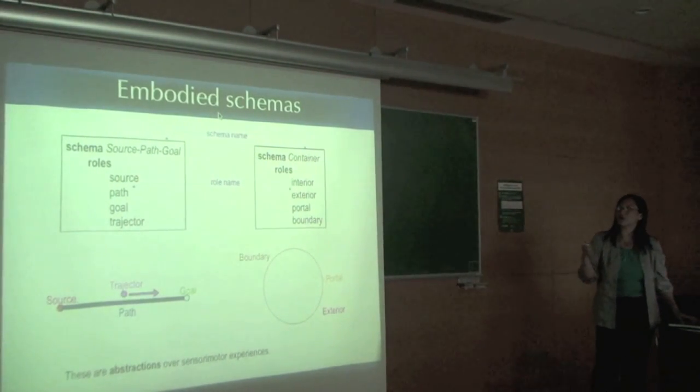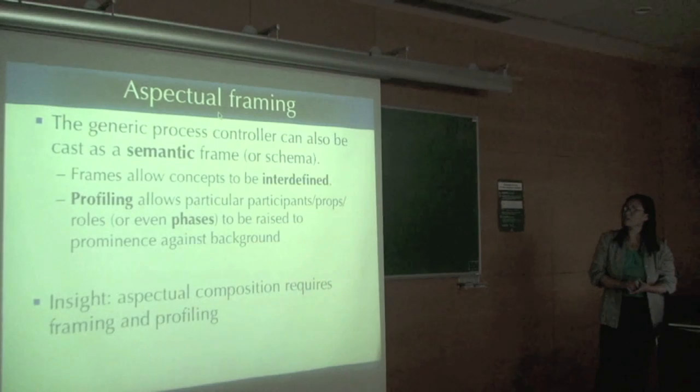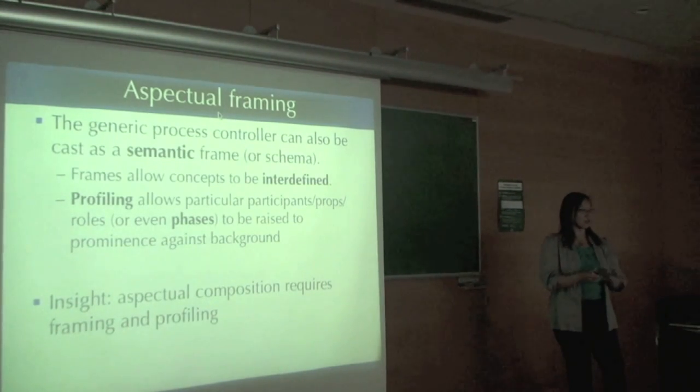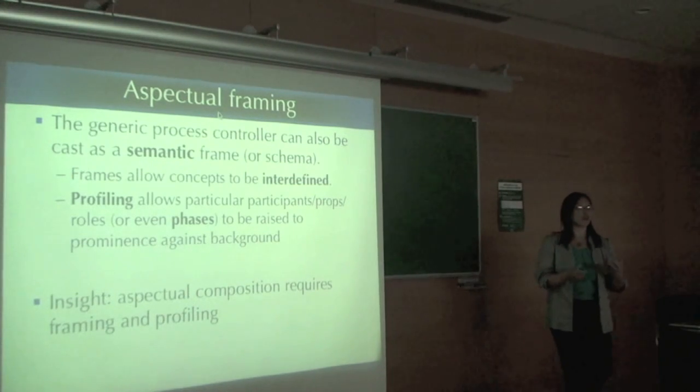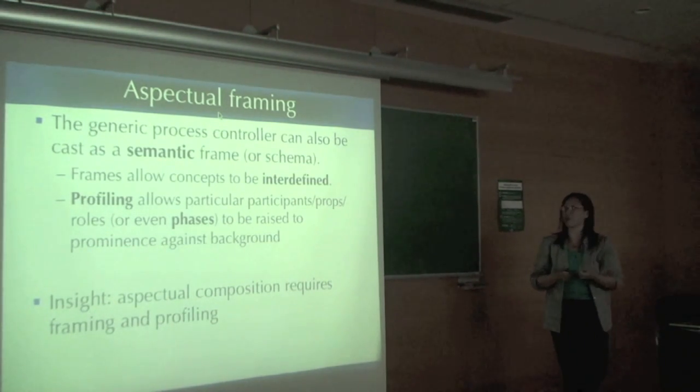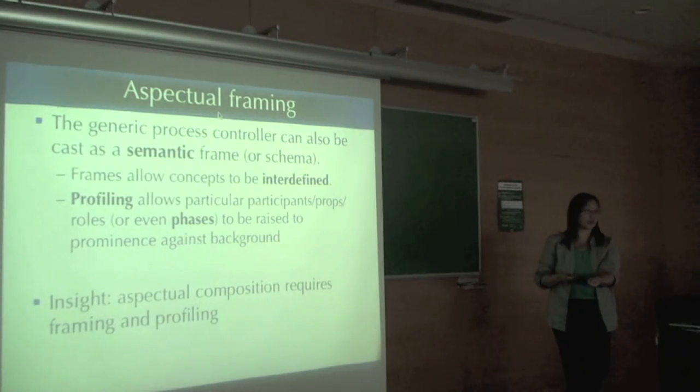Okay, so assuming we have those floating around as well as the schemas we saw before, maybe those aspectual representations that we saw pictures of before can also be thought of as abstract experiences, in the sense that controller structure, start, beginning, end, is a very common motor pattern. So we can also say it's a kind of frame.